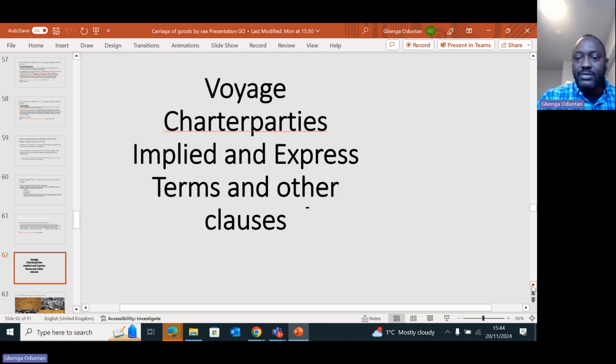Voyage charter parties, or charter parties, are the specialized contracts between a shipper and a ship owner in relation to the contract of carriage of goods by sea, where the entire ship is contracted upon.